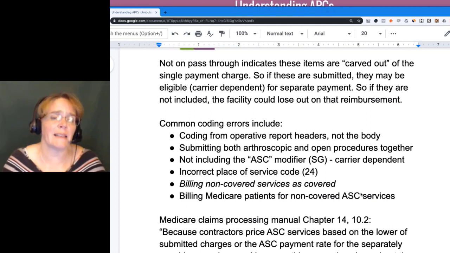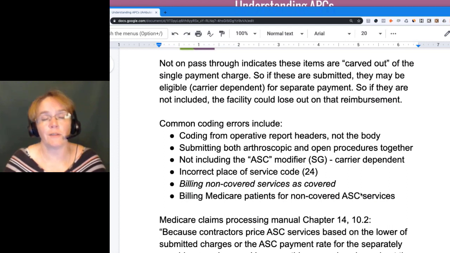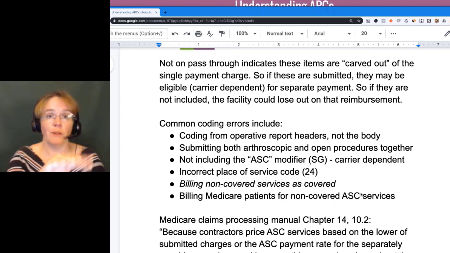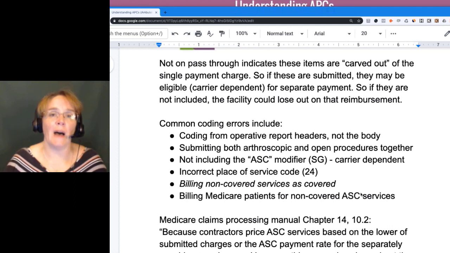When you're dealing with the ASCs, a lot of common coding errors that they have are people are coding, well, you see this in not just an ASC, but they might be coding from that surgical report header. What type of procedure did they do? Procedure 1, 2, 3, 4, and that's what you're billing. Where no, you need to read the body of the note. So a lot of surgical coders can make that mistake.